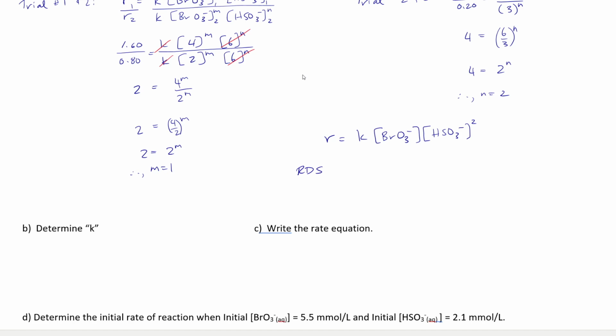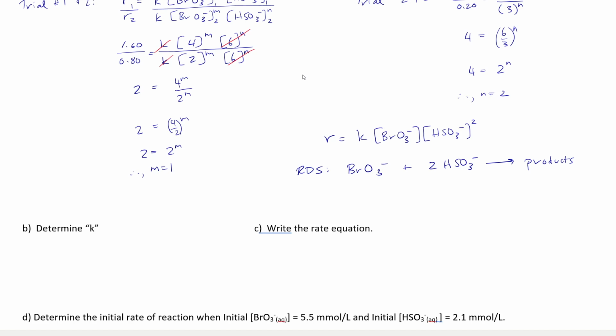The rate determining step, because I now have these exponents, means that a species of bromate will react with 2 bisulfites in the rate determining step to make some sort of products. And with that clue, we can go ahead and maybe further derive a reaction mechanism.